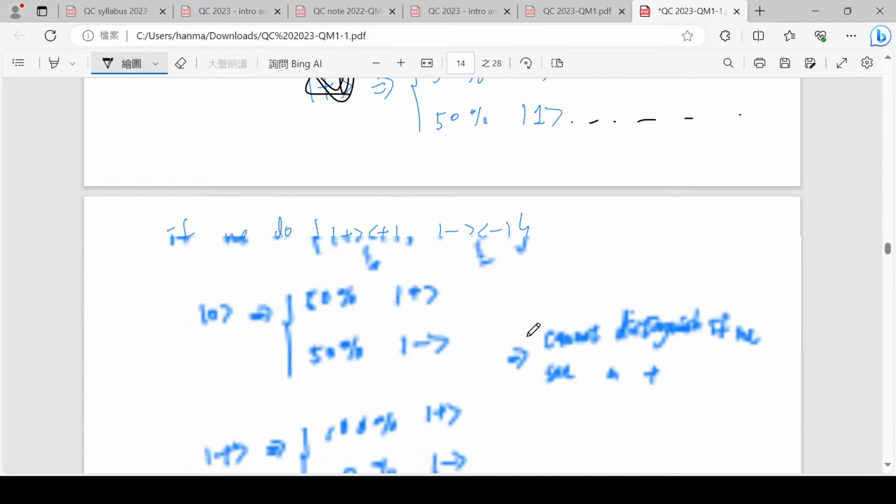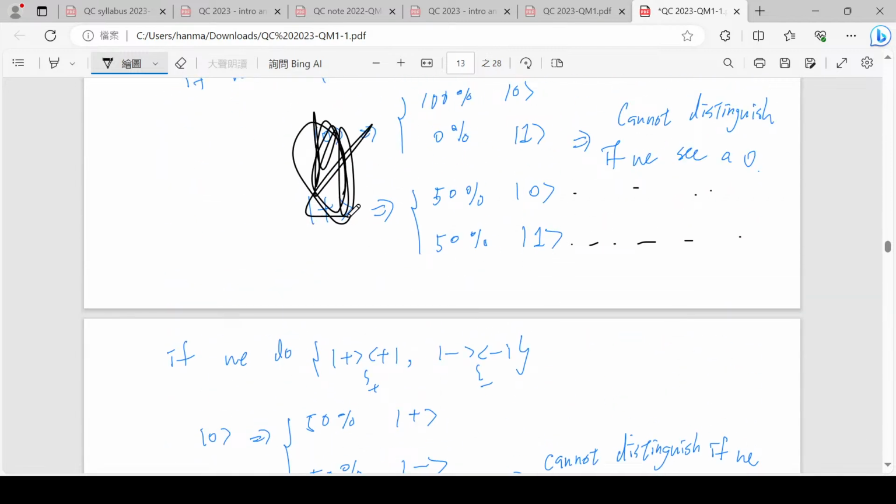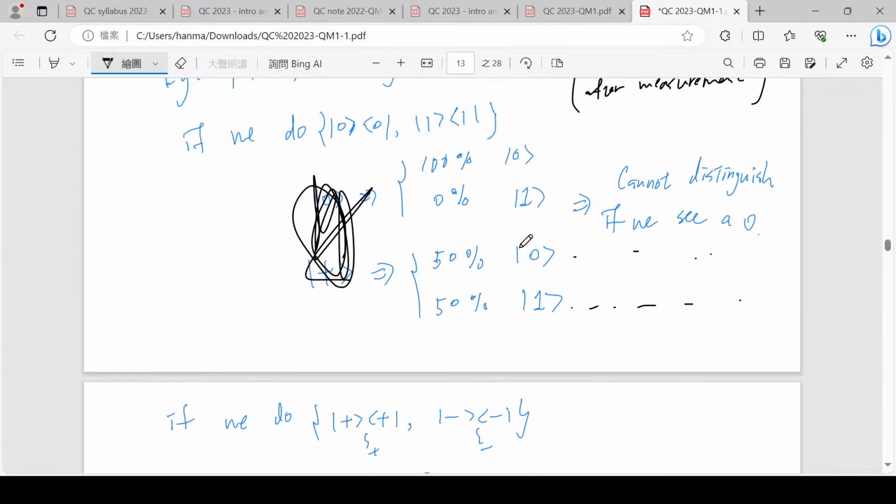So you see the 1 outcome, you know that it comes from the plus state. That sounds kind of nice. But when you see the 0 outcome, you don't really know which state it came from. It might come from a 0 state, then you will get 0. But it can also come from a plus state that drew this 50% probability, then you get this 0. So you cannot distinguish the 0 and the plus when you see the ket 0 outcome, say.